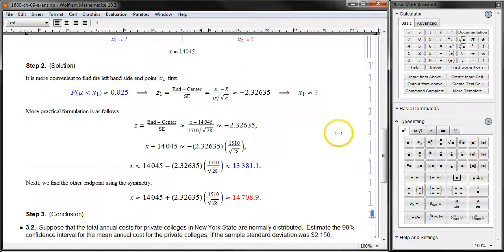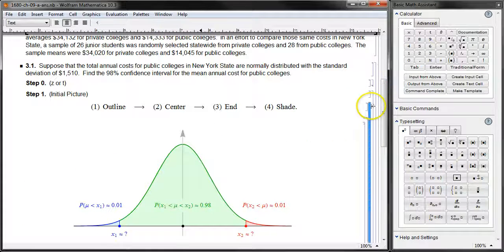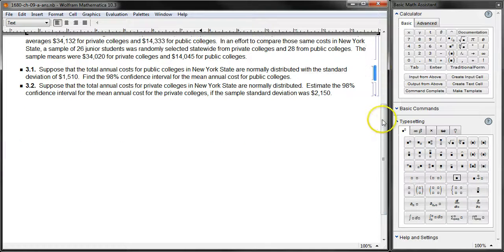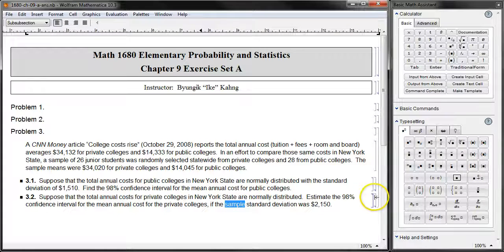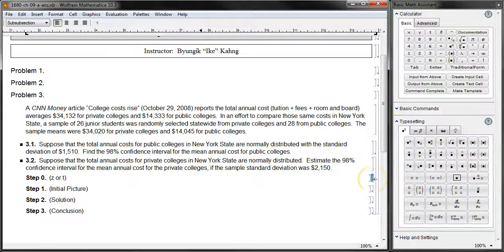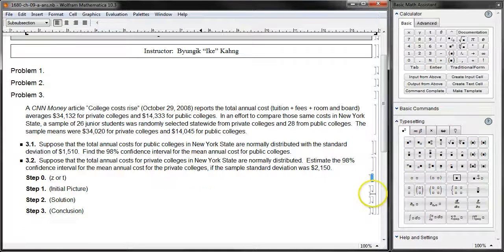All right, let's go to the next problem, the t-curve problem. And this is a t-curve problem because we are talking about the sample standard deviation. This is S, not sigma.